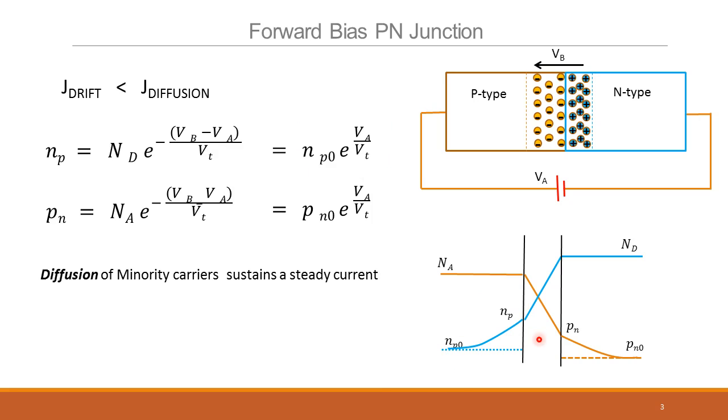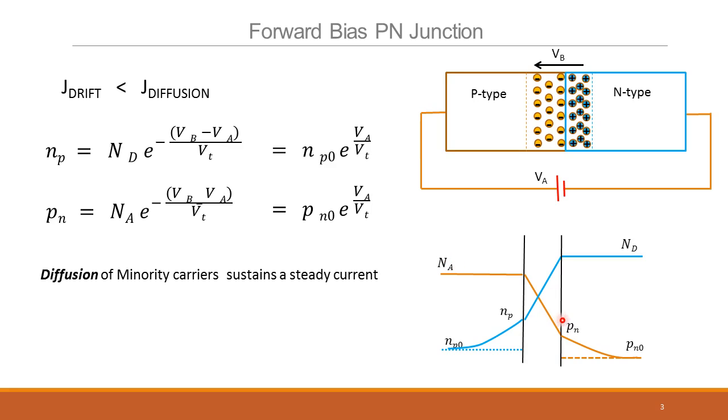Most of the voltage gets dropped across the depletion region, so since there's no change in voltage here, it will remain at NPO. Same on the hole side, it will be PNO. All the voltage drop is across this, so this PN at the boundary of the depletion region increases to PN, which is given by PNO e power VA by VT.